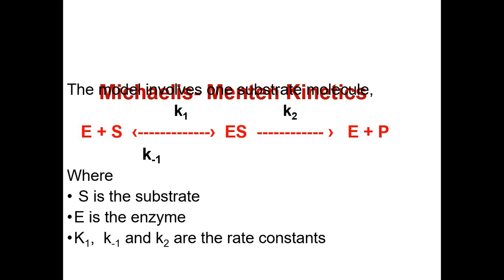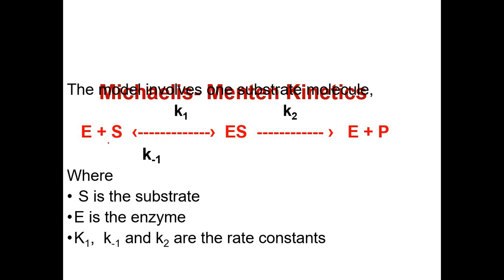This model involves one substrate molecule. So you use one substrate. In order to understand the kinetics, Michaelis and Menten, these are two people, provided the mechanism as to how that reaction happened, how the kinetics of that reaction happened.